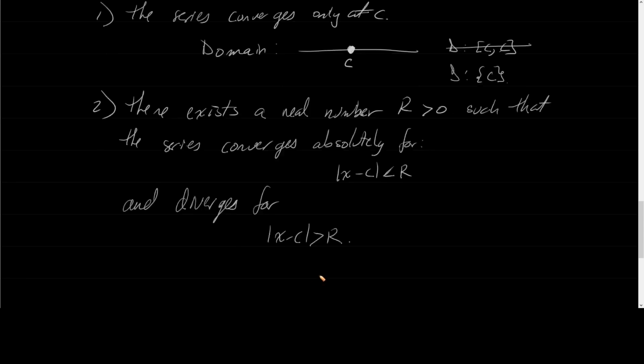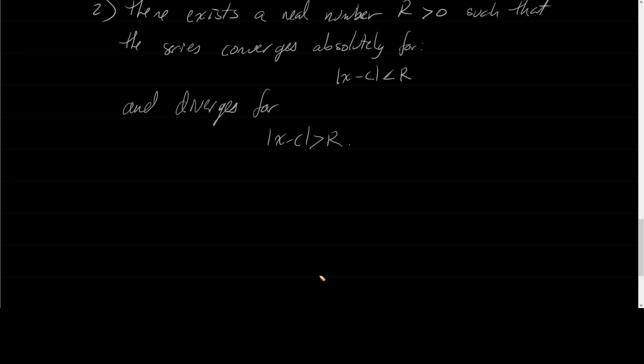All right. So in here, what we're saying is the domain would be something like this. Let's say here is our center. And what we're saying is all the values of x that are within some distance, right? Absolute value means distance, within some distance of c, are part of the domain.